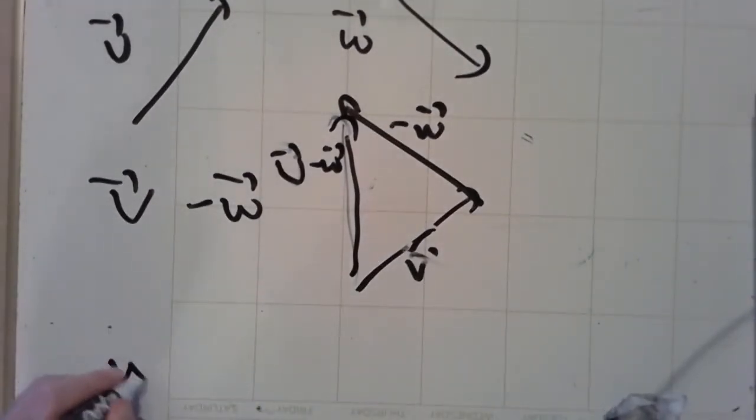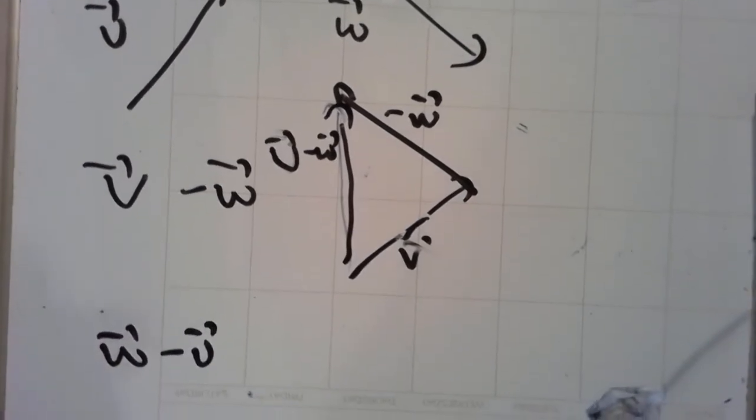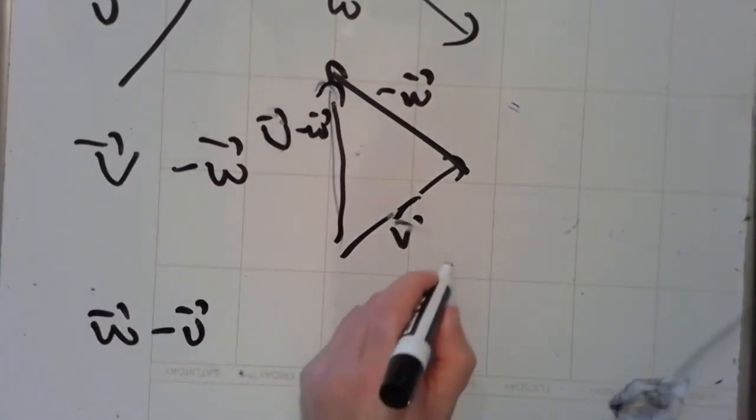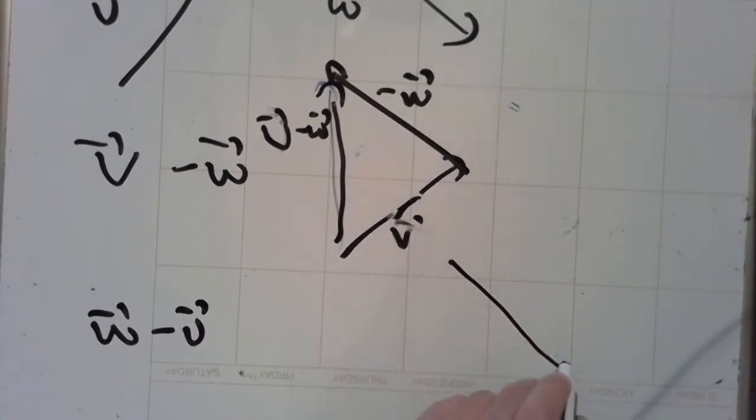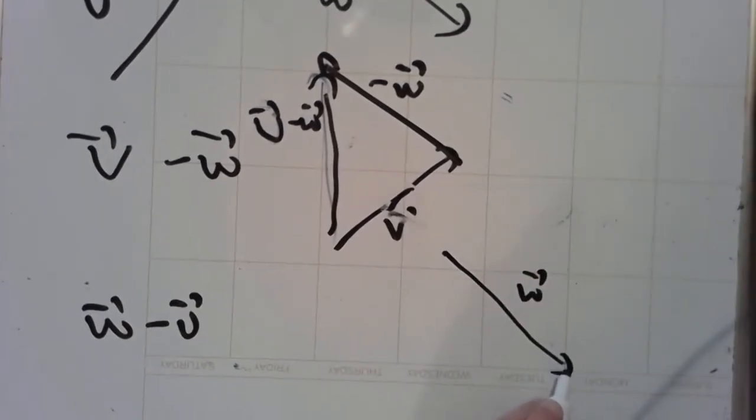What if we wanted w minus v? Now we would start with a copy of w. Here's w. At the end of w, at the terminal point, I would put a copy of negative v. Regular old v goes that way. Negative v would go in the opposite direction.